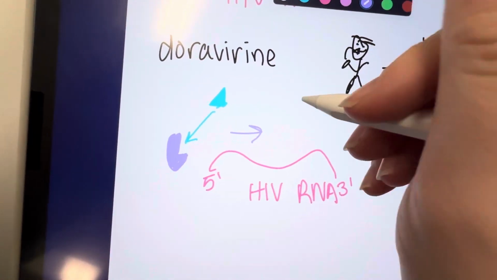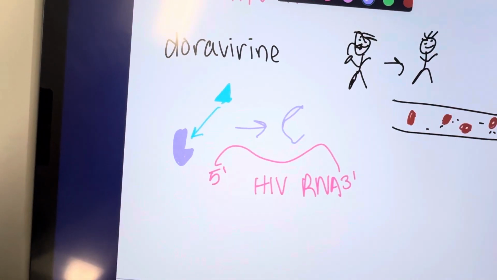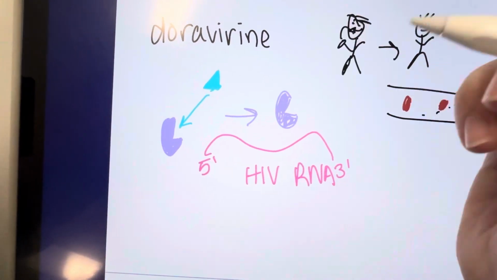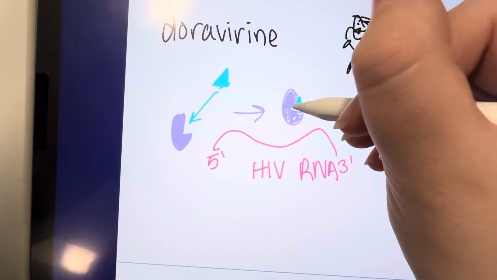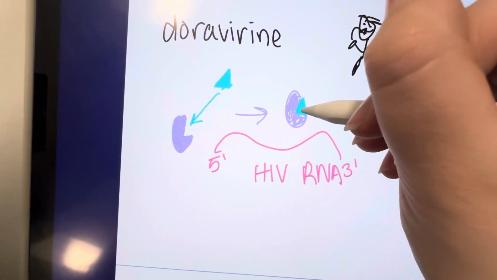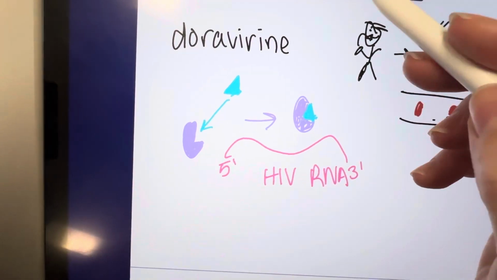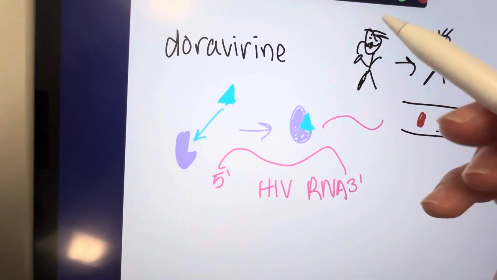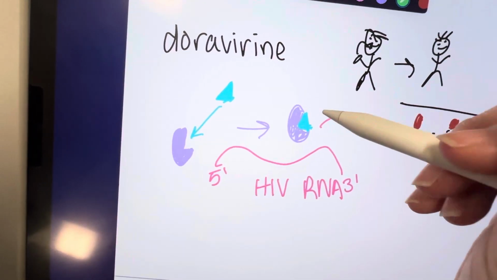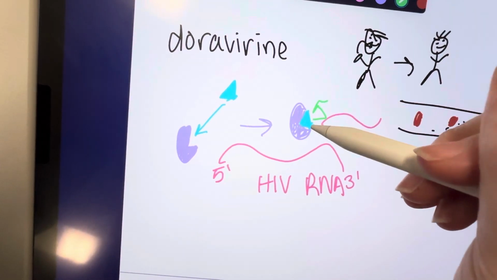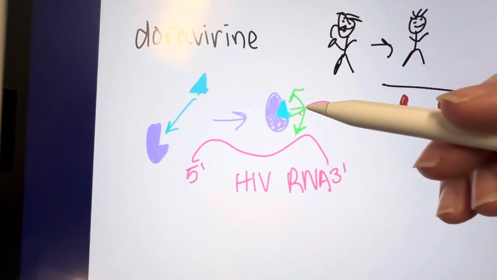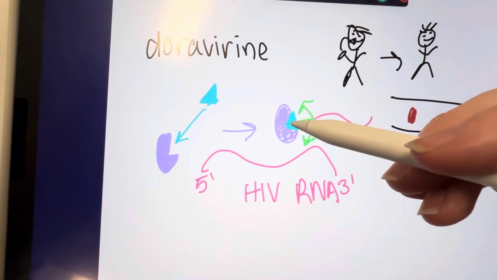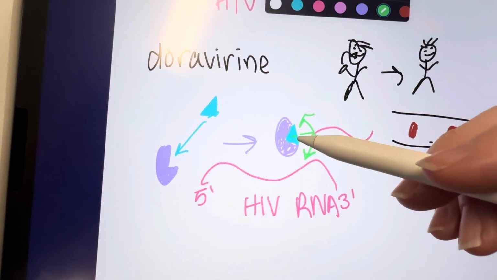So that's the reverse transcriptase. This is the doravirine. And with this, if it tries to make the complementary strand, it's just going to bounce off. It'll just keep bouncing off because there's nothing that it's able to get to with the doravirine blocking it.